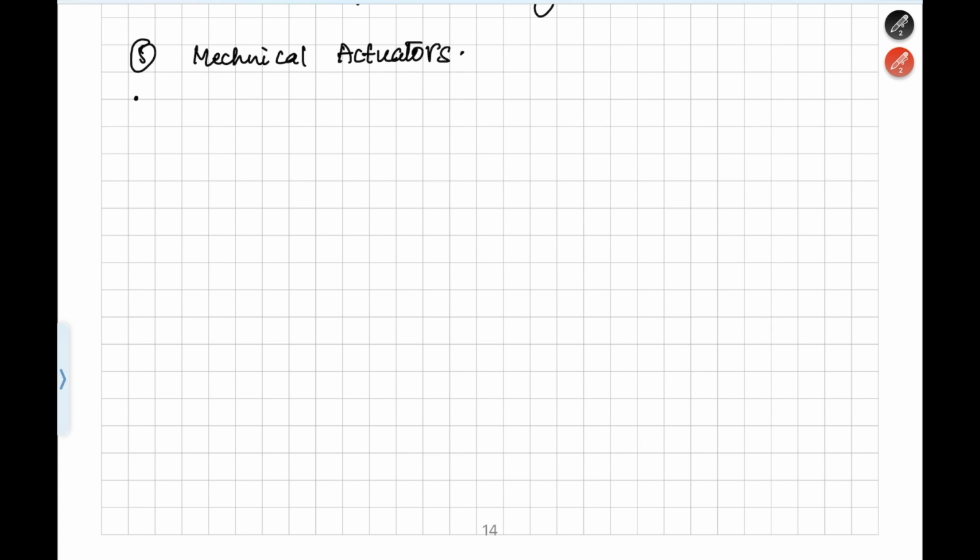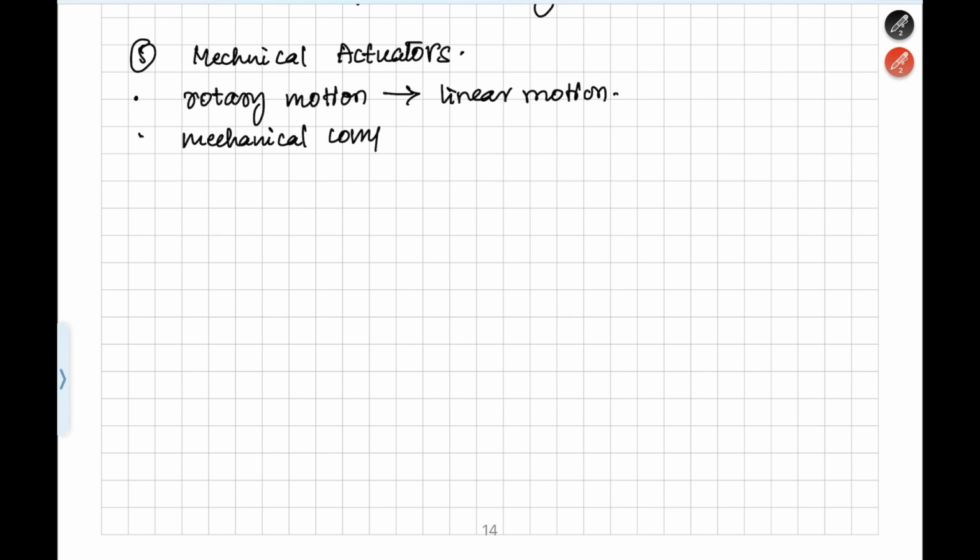So the rotary motion of the actuator is converted into linear motion here. Here we make use of mechanical components like gears or pulleys, or we can make use of chains and all, right?